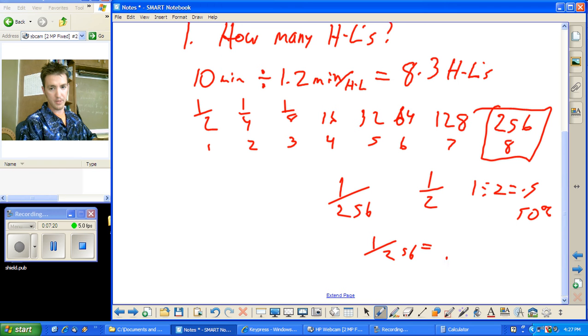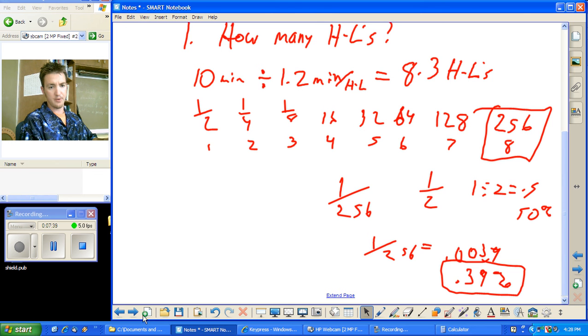That equals 0.0039. Turn that into a percent, so that would be 0.39%. So that's how much you could expect to have of the radioactive element after 10 minutes.